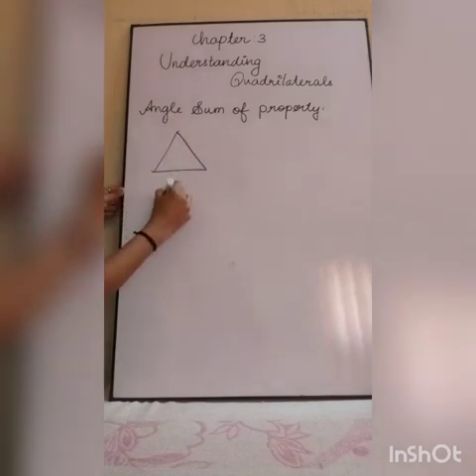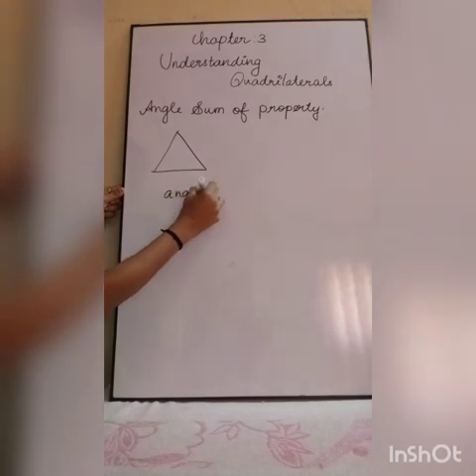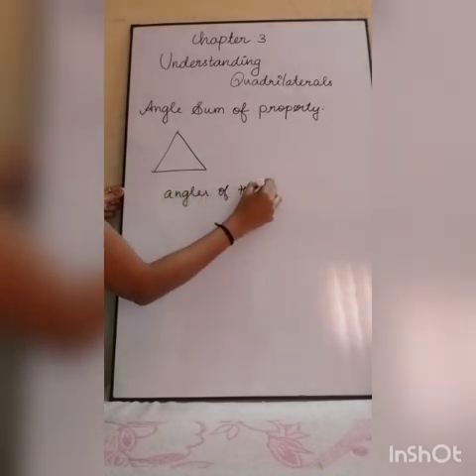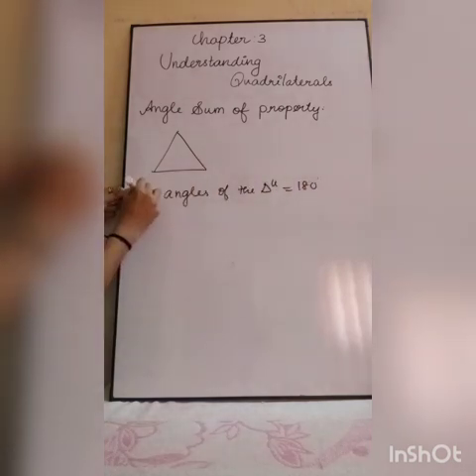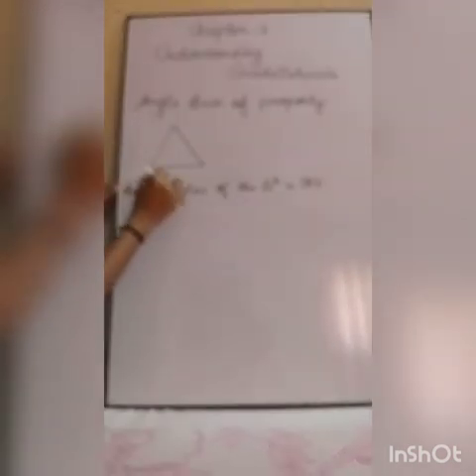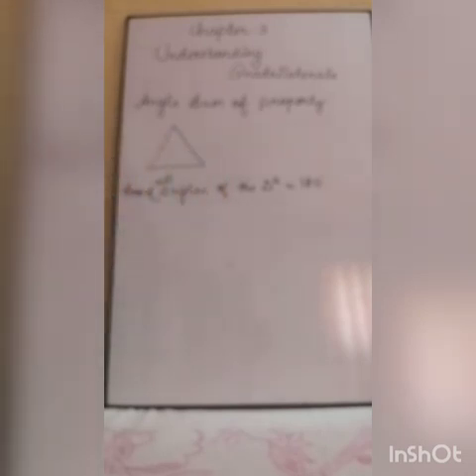If I add the angles of the triangle, it is 180 degrees, which means the sum of all angles of the triangle is 180 degrees. So this is the angle sum property. By using this angle sum property only, we are going to find the total angle sum property of the quadrilateral. So we can discuss in the next class how to do this.